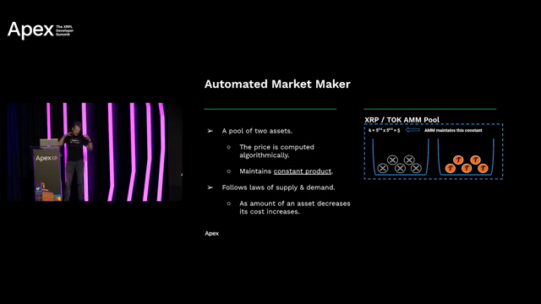So at a basic level, it is a type of decentralized exchange that pools two assets and then algorithmically determines the exchange rate of these two assets. Specifically for XRP ledger, the objective of the algorithm is to maintain a weighted geometric mean of the pool amounts constant.